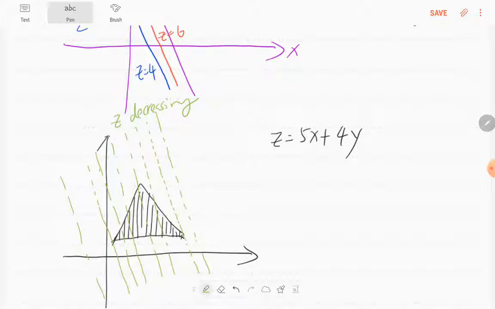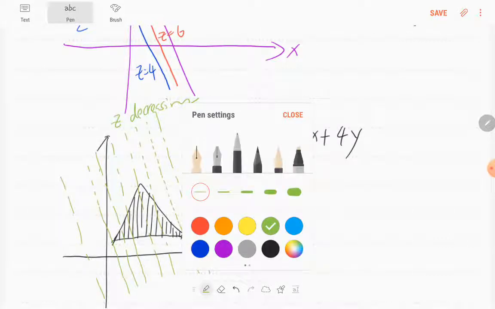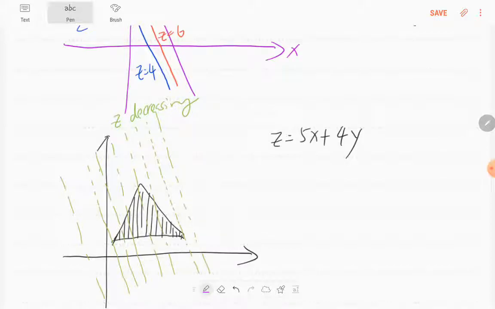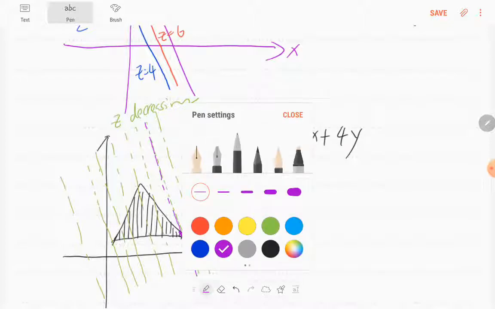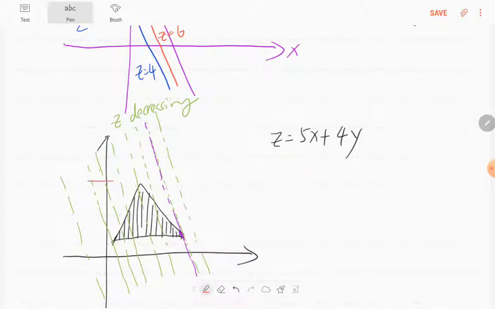But we only consider this shaded region, so we only consider the lines between these two lines. This is the first line that touches the region at this corner, and this is the line that leaves the region, touching at this corner. We consider all the z values between the purple line and the red line.